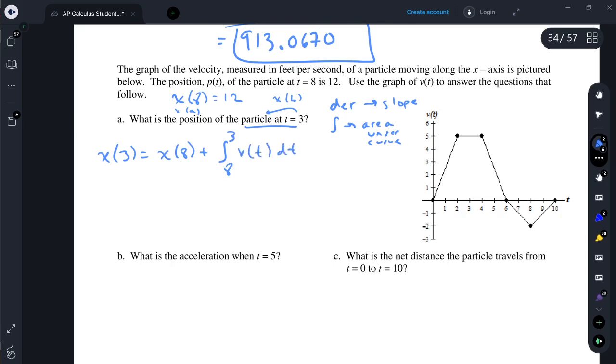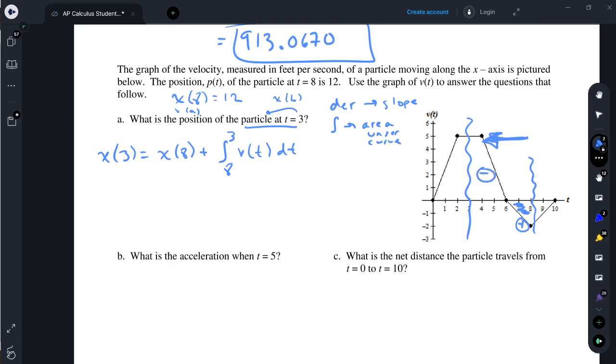Now, this is where you do need to realize that 8 is a bigger number, so we are going backwards, right? So we're starting off at 8, we're finishing at 3. If we're going backwards, what that means is even though normally this would be negative, because we're going backwards, that's going to be positive, and this is going to be negative.